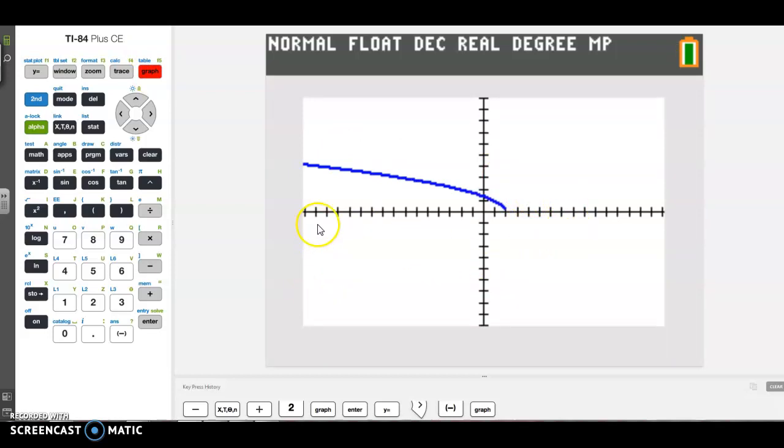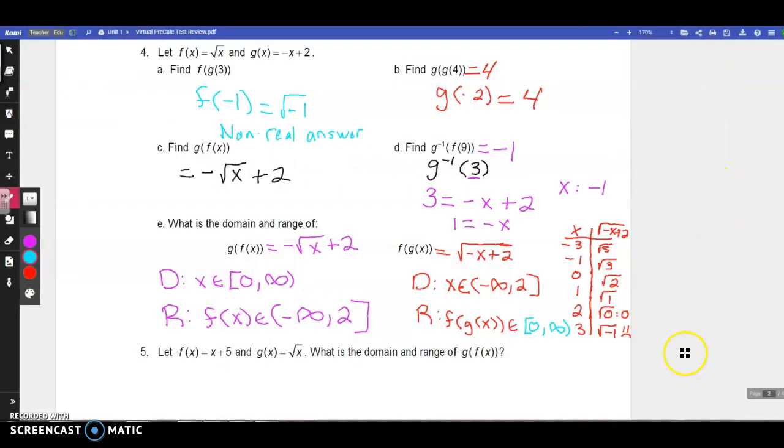So let's check our domain and range. So what did our domain to me looks like negative infinity all the way to 2, which is what we said. And my range looks like 0 right here all the way to infinity. So even though it's going to the left, it's still going up. So it's still going to have very big and positive output values. So 0 all the way to infinity for my range.